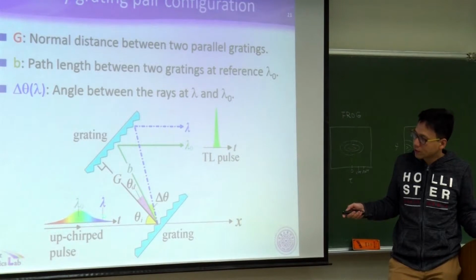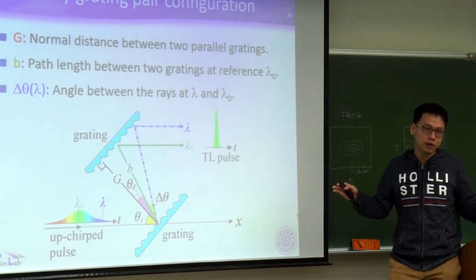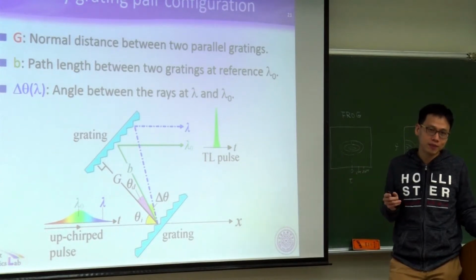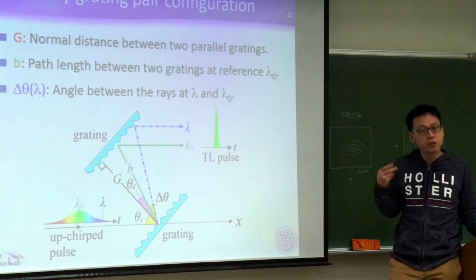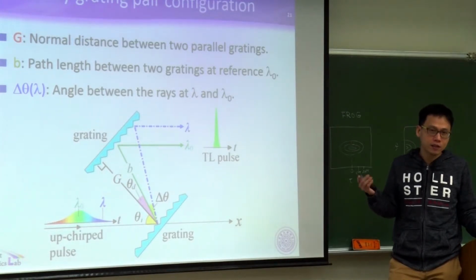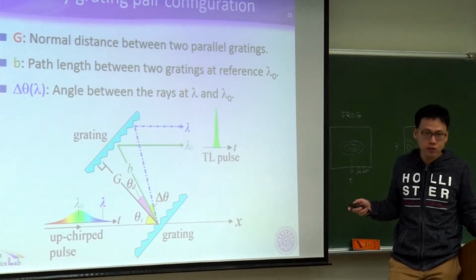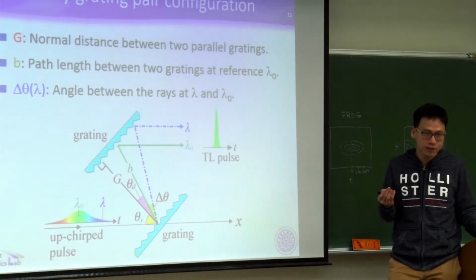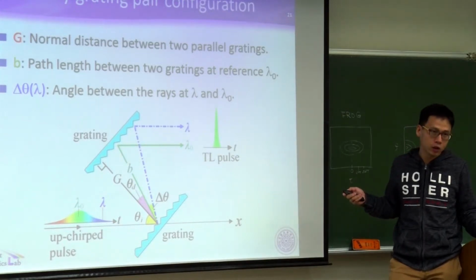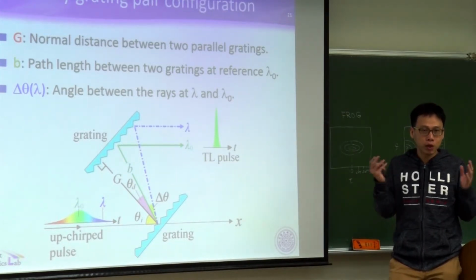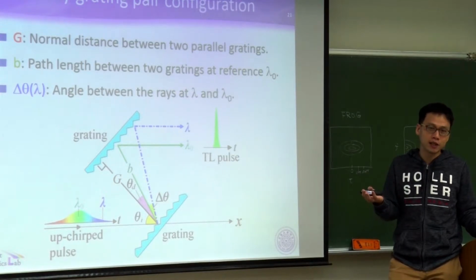The reason is initially different colors are spread along the time axis. But you can see different colors experience different path lengths in the system, right? So if the path length difference is properly adjusted, after the grating pair, all the colors will propagate together, no time delay anymore.